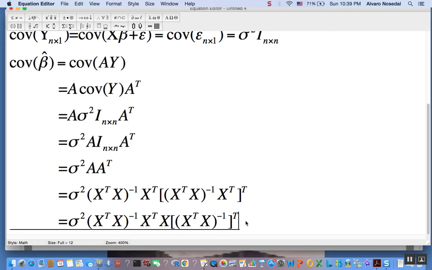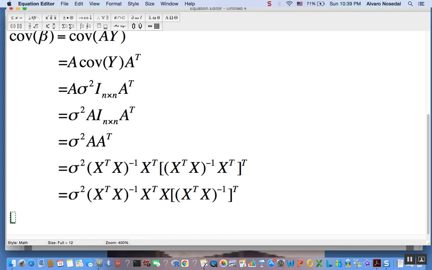Agreed? But note that here what we have is X transpose X inverse times X transpose X. That's going to be just an identity matrix. So sigma squared, then we're going to have an identity matrix there, times this.